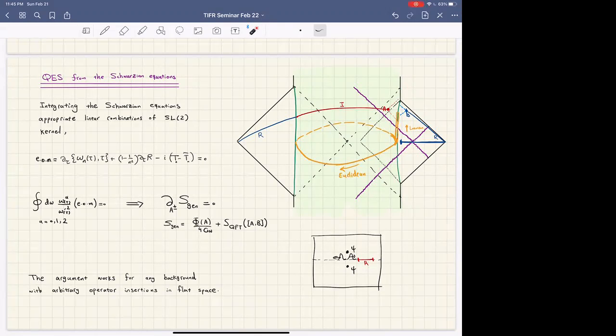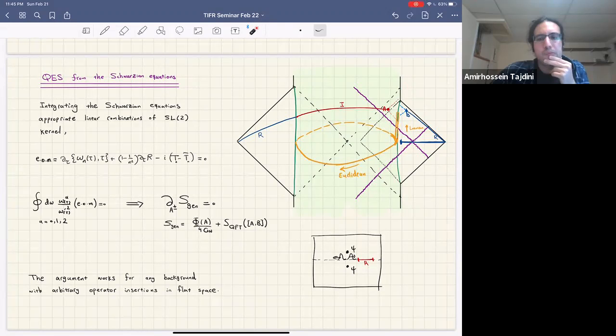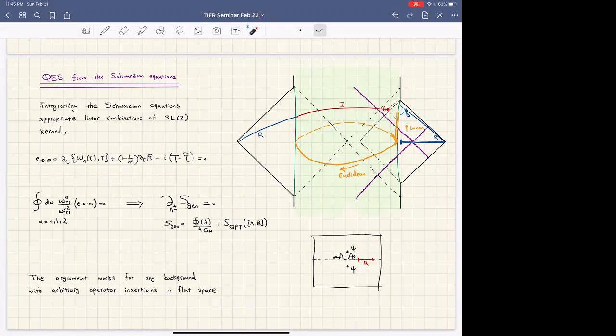So this QFT calculation would involve a 4-point function, as you mentioned. Exactly. And typically that would depend on the details of the conformal field theory, so it's not universal.